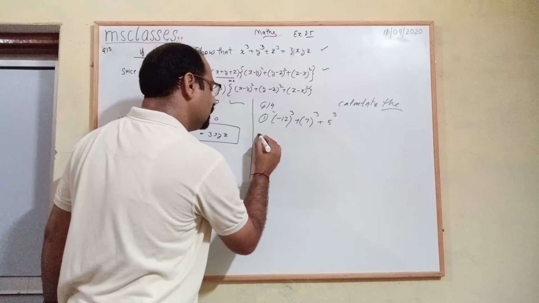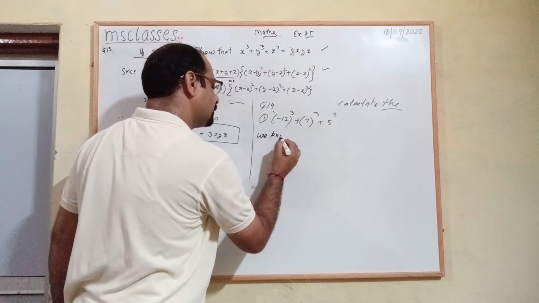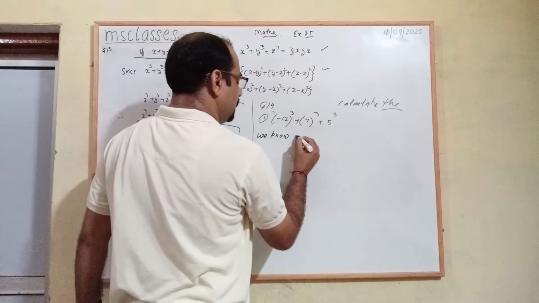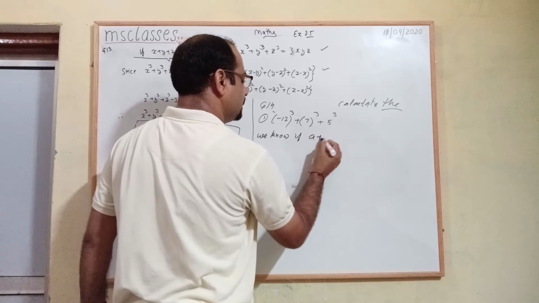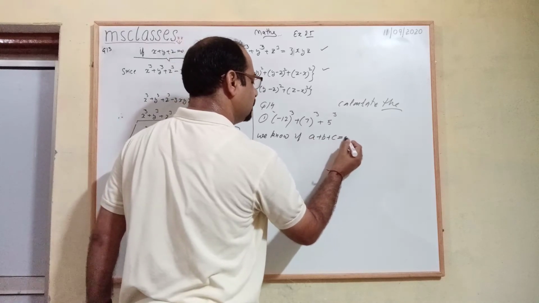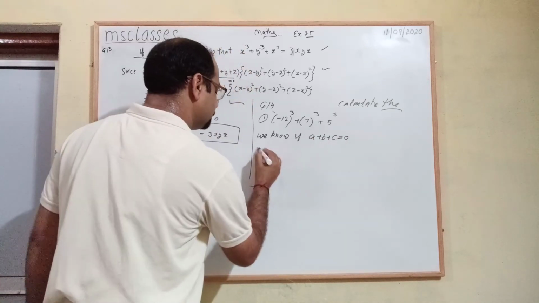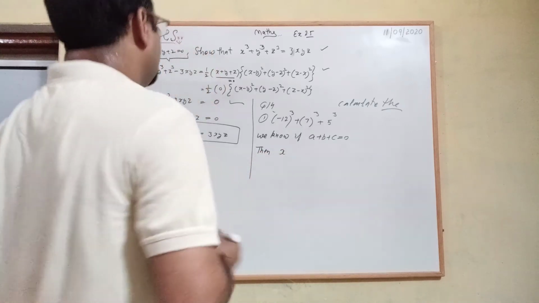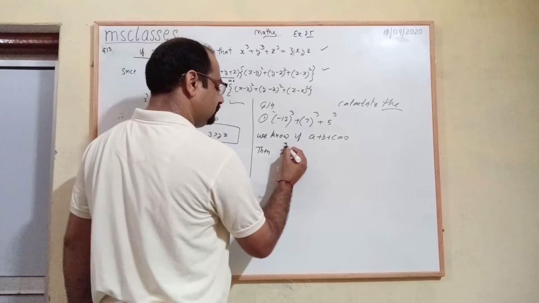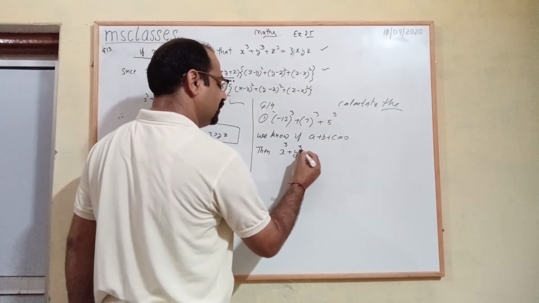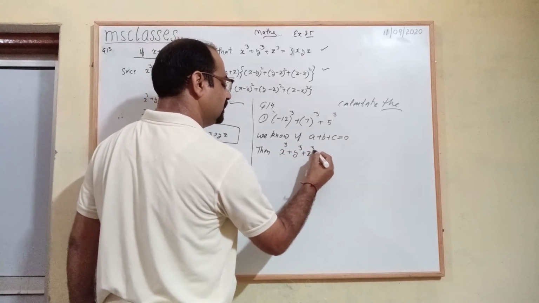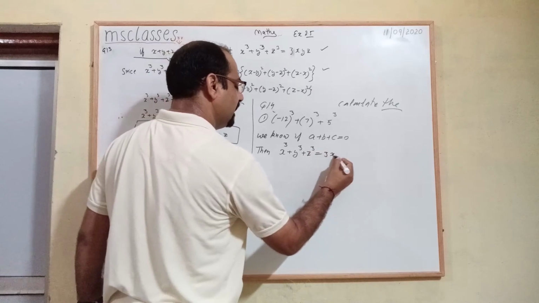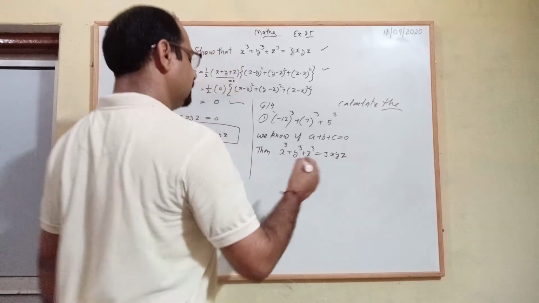So guys, we know if a plus b plus c is equal to 0, then x cube plus y cube plus z cube is equal to 3xyz.